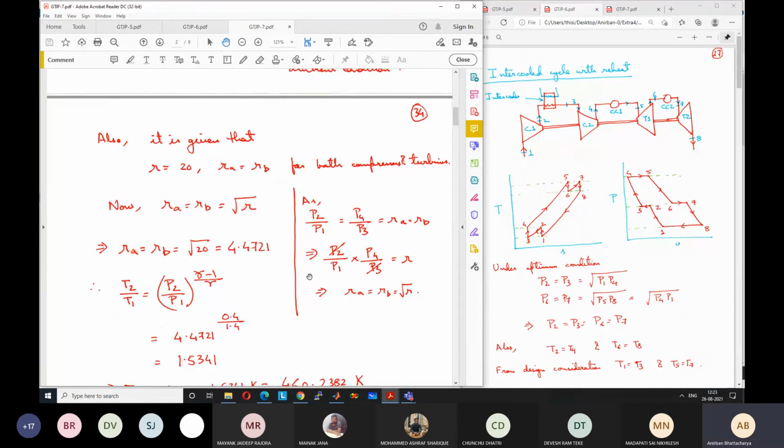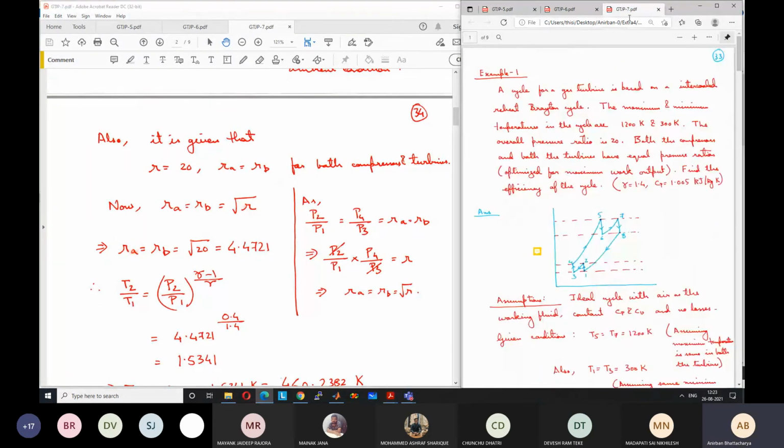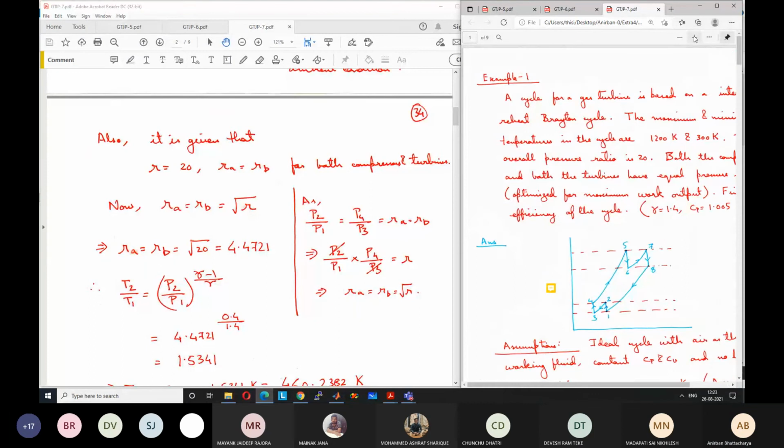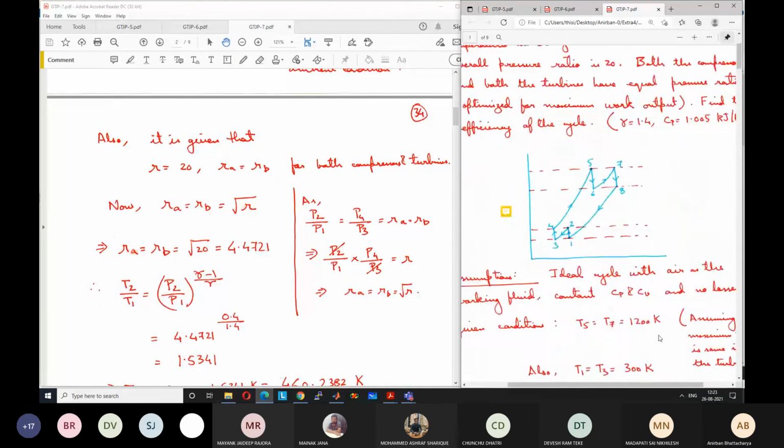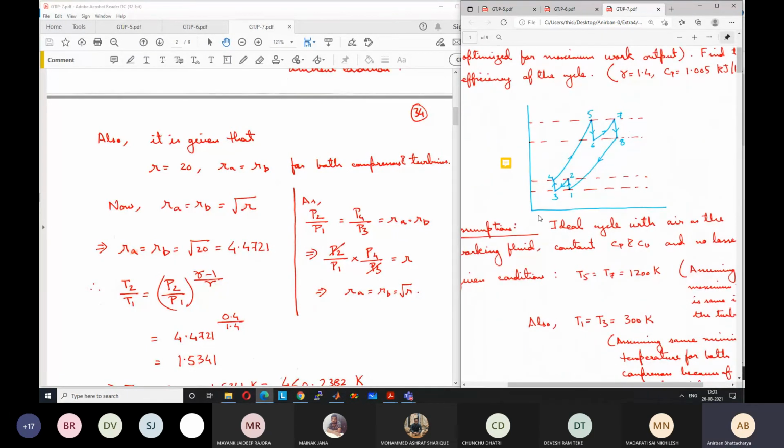It's mentioned here also, but anyway, we already know this. So T2 by T1, I will just keep this open, or we can go to the problem directly. Problem 1, same cycle. T2 by T1 is equal to (P2 by P1) to the power (gamma minus 1) by gamma, which is equal to RA, or root R, to the power (gamma minus 1) by gamma.